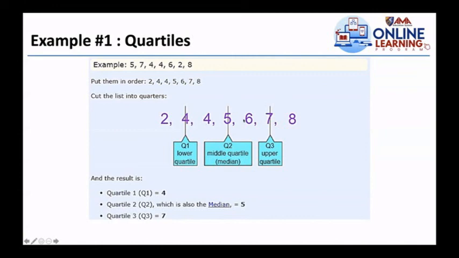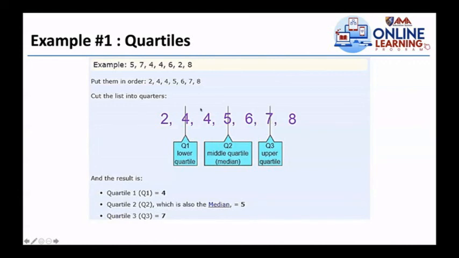Since these are the values less than Q2, the median of this is 4, which is Q1. If you only consider this, it is the median. But since you're considering the whole data, in relation to the whole data, we call this the Q1. Q1 is equal to 4. Now, for this whole data, Q2 is 5. Now, what's the middle of those values greater than Q2? So obviously, it's 7, right? The middle.